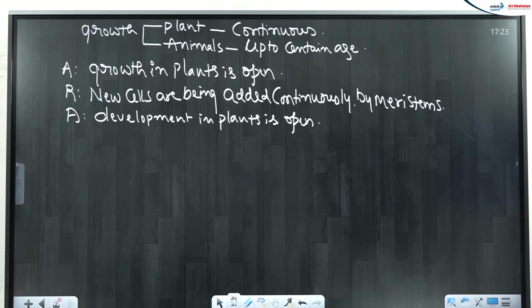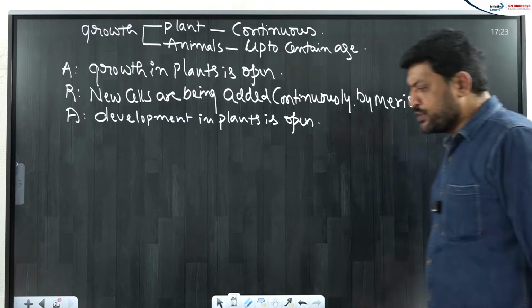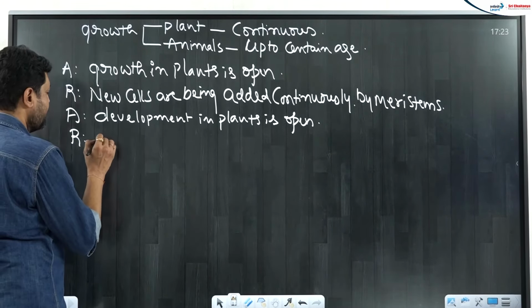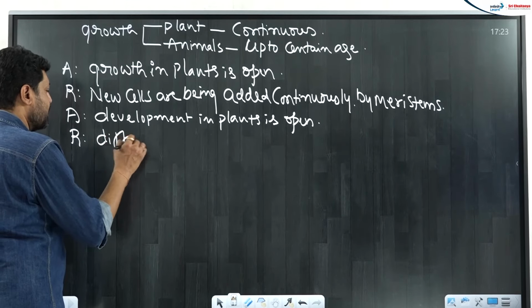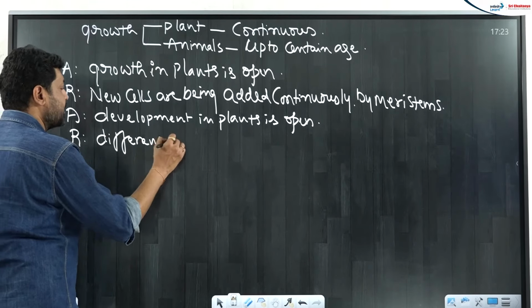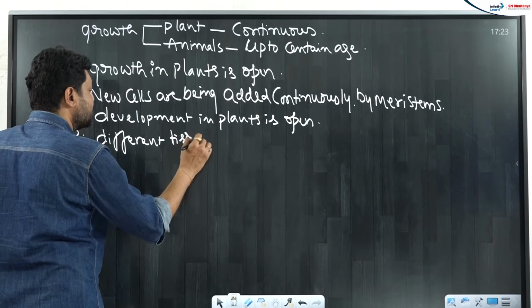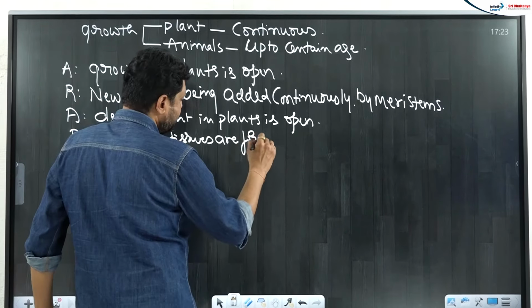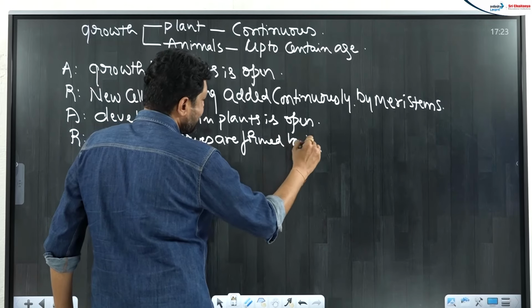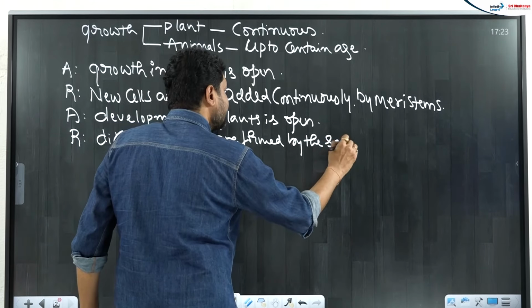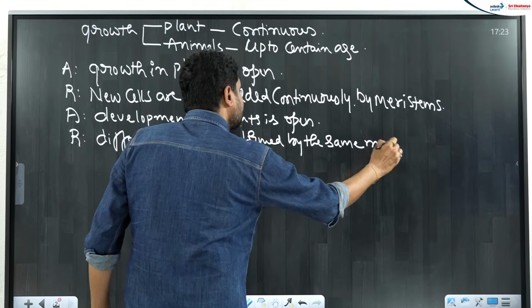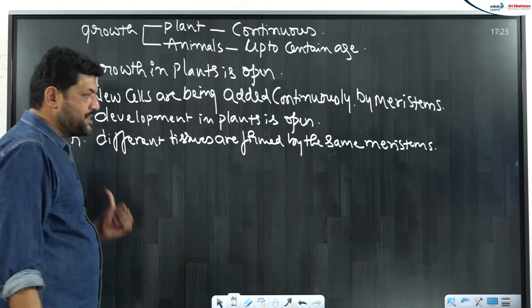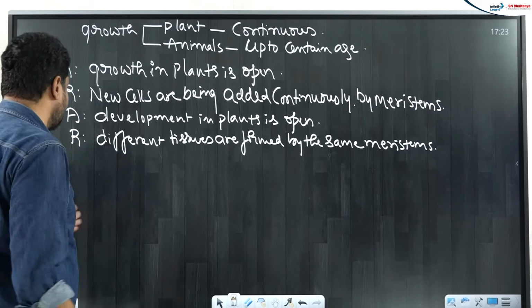There in the same Plant Growth and Development textbook, the statement says that reason: different tissues are formed by the same meristems. This is one statement, correct?